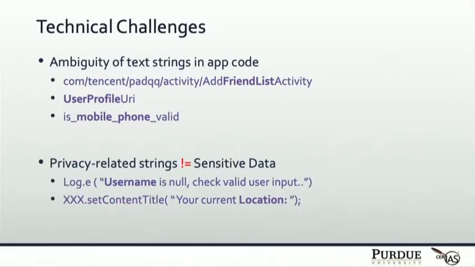And secondly, program elements that carry sensitive tokens may not carry sensitive content by themselves. Such examples could be a log statement with an error message or an API for setting string labels on user interfaces. Both of these do not carry sensitive content even when the code is executed at runtime.